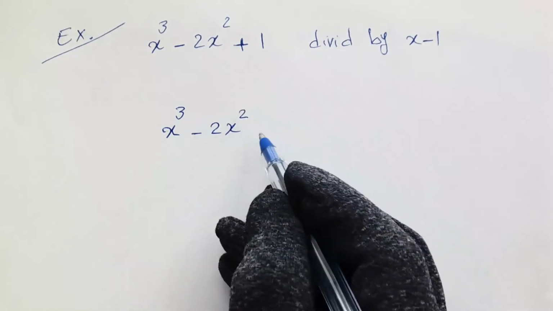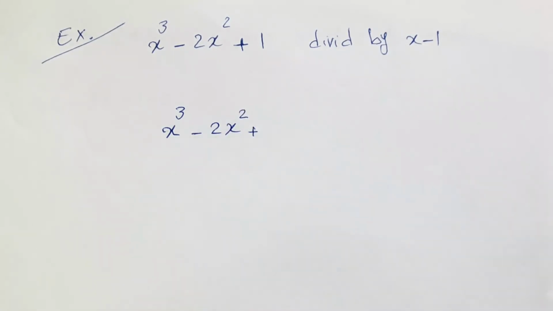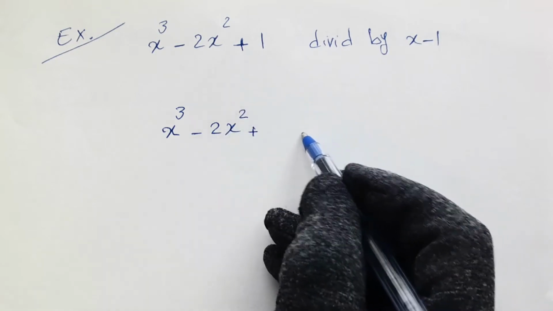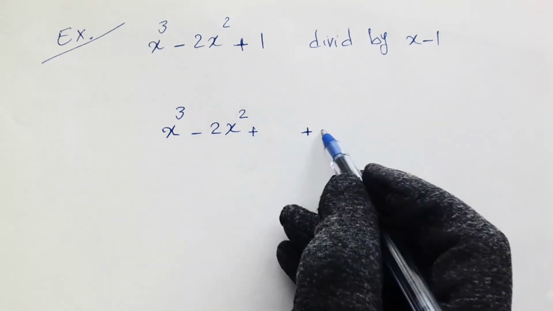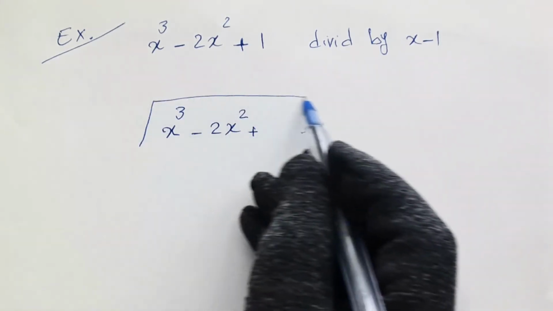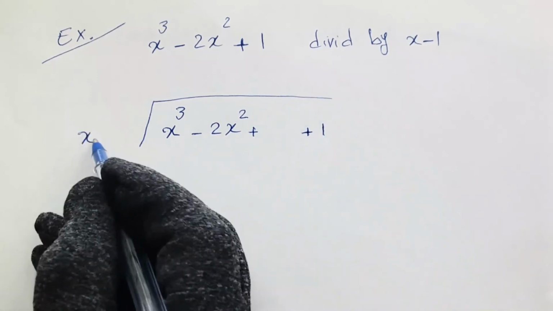To be easier, if you have a missing term, put a blank space for that missing term. I don't have x here, so I put a blank space for the missing term, plus 1. Now divide this by x minus 1.